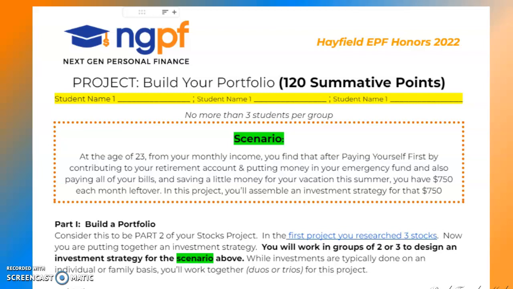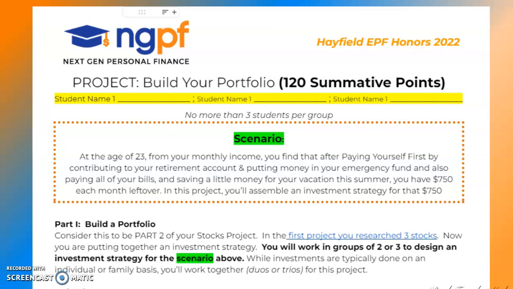Okay, so let's go over the scenario for this 120-point project. So you are assuming you're at the beautiful age of 23, and from your monthly income, you find that after paying yourself first, and just remember, paying yourself first means you're contributing to your retirement accounts, you're putting money into your emergency fund, okay, that's paying yourself first.